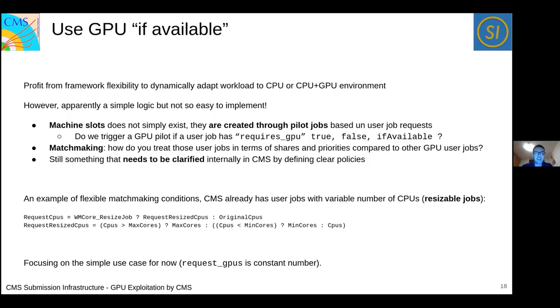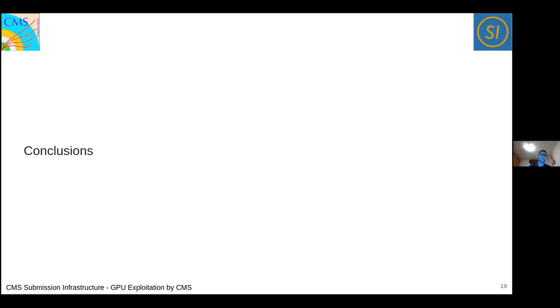What should we do in terms of priority once we have a pilot? We have already been doing flexible matchmaking for CPUs, which we call resizable jobs. It's something we will consider in the future, but for now we are focused on the simple use case where the requested GPU is a constant number.